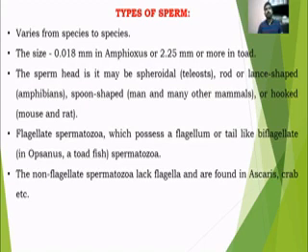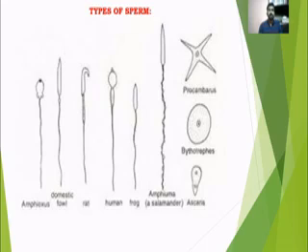It varies from species to species, and when we compare the size, in Amphioxus the size of the sperm is 0.018 mm in diameter, and in a toad it is 2.25 mm. In the previous slide we saw that the head portion of Amphioxus is spherical, and in humans it is slightly oval or spherical in shape.